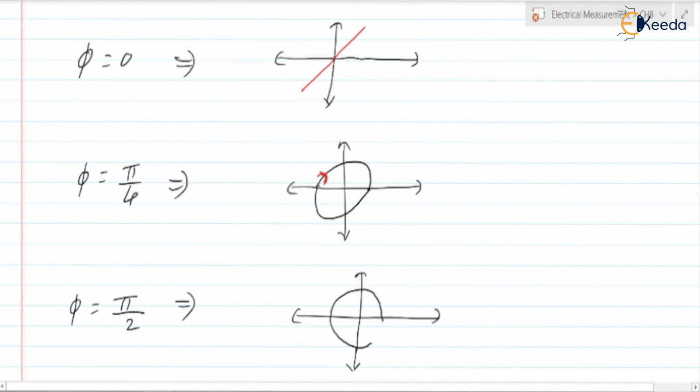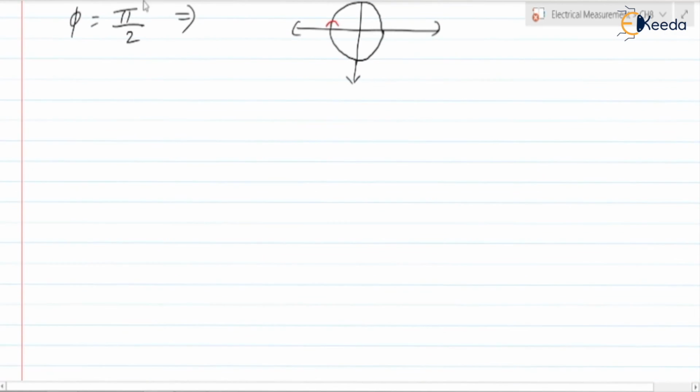If phi is equal to 3 pi by 4, then again we get an ellipse, but this type of structure, and like this.